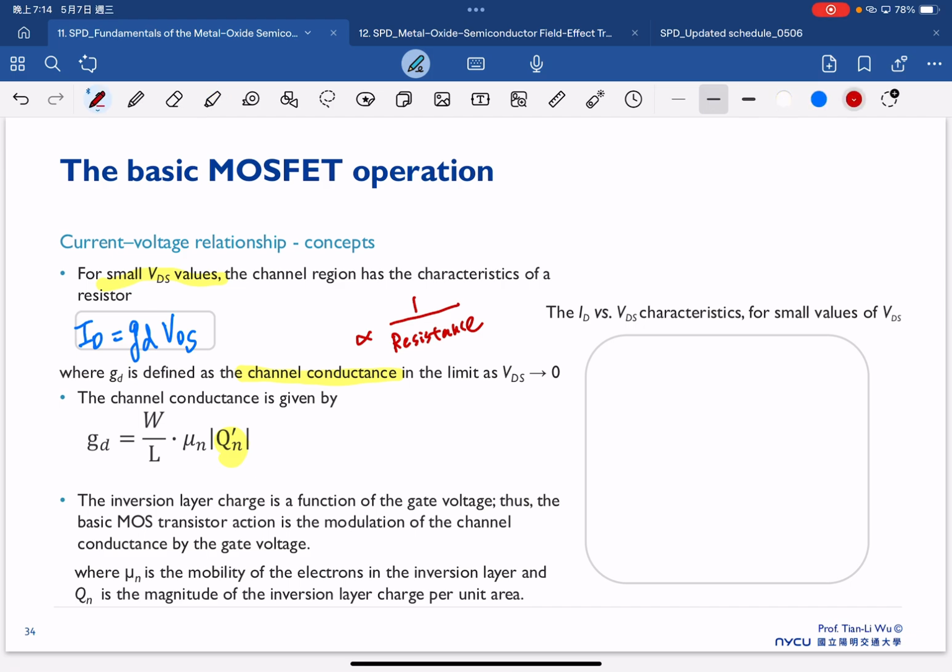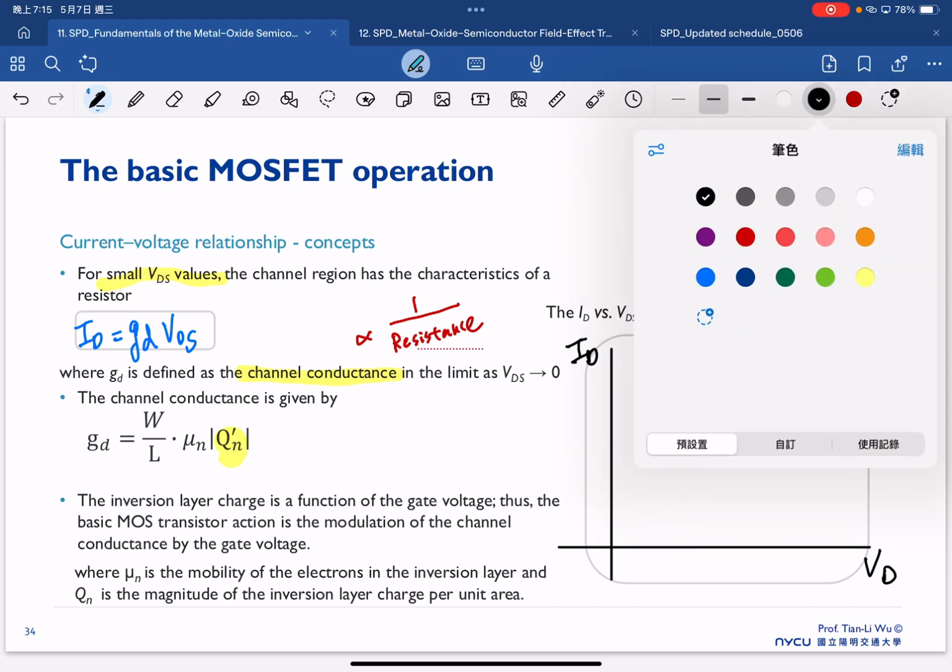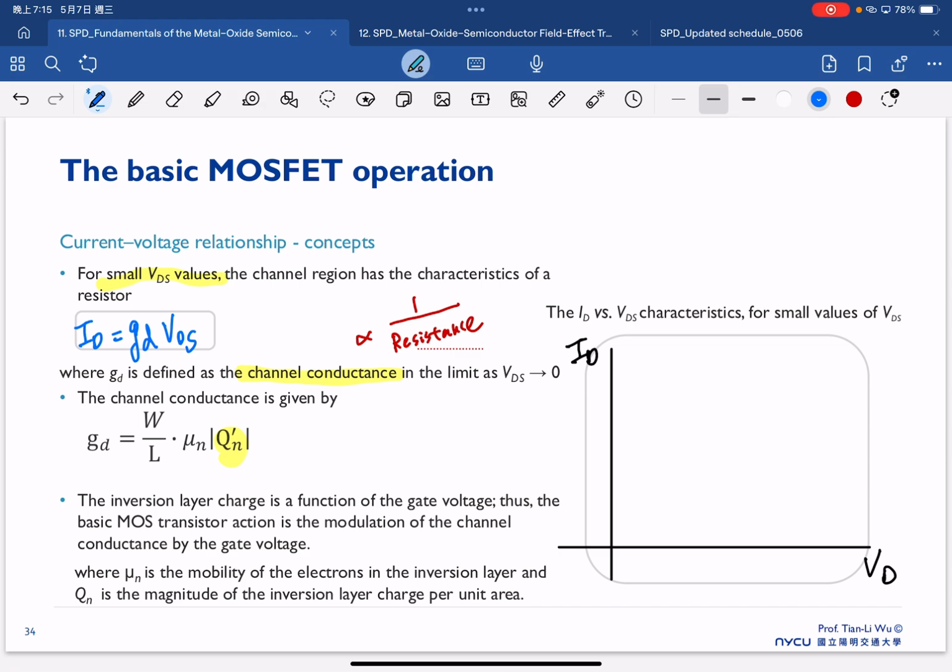So we consider the small VDS, and we have ID versus VD.